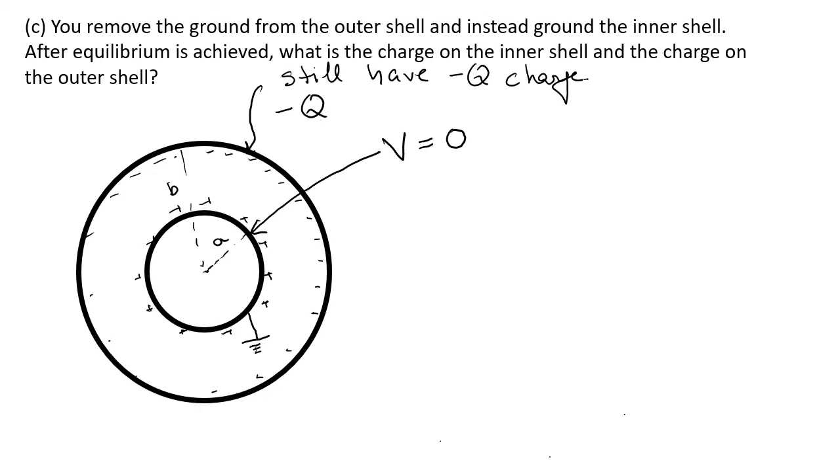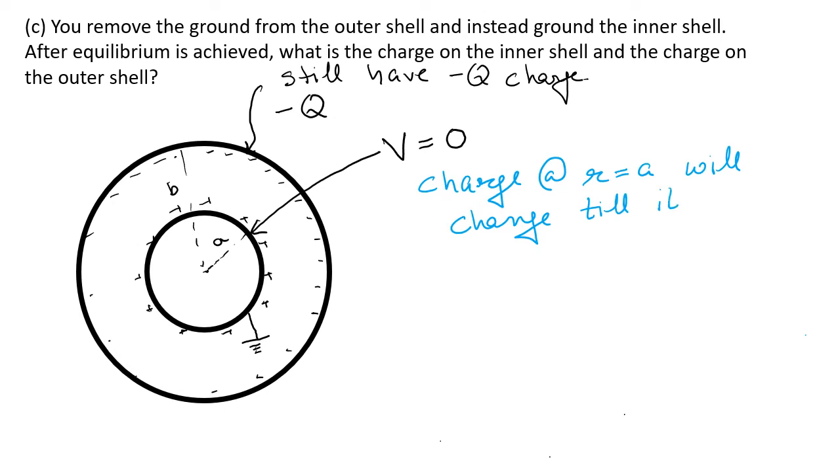So the charge in the inner conductor, charge at R is equal to A, will change till it makes the potential at that point to be 0.